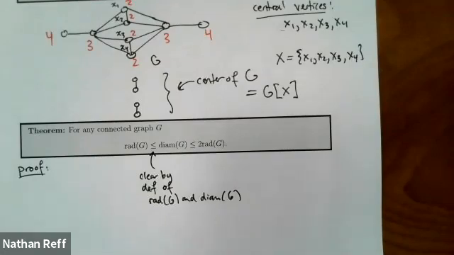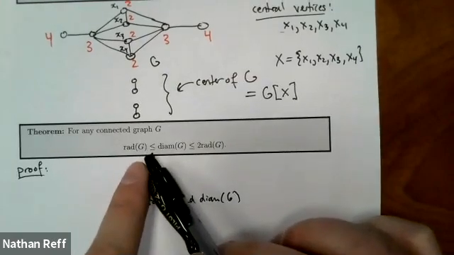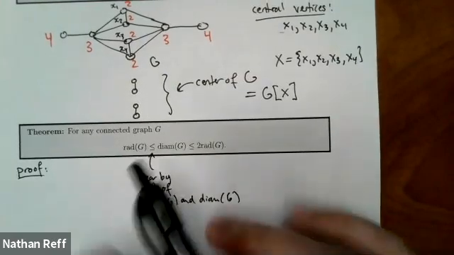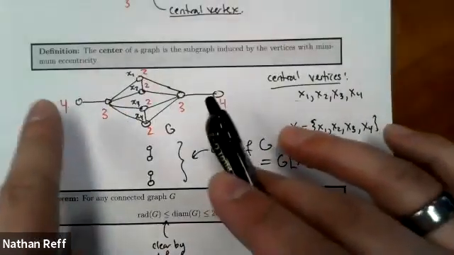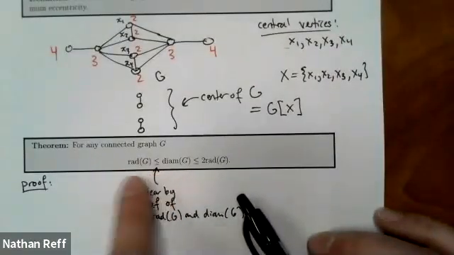More generally, a clique or a complete graph. In a complete graph, everything is adjacent, so the distance between any 2 vertices is 1, and the eccentricity and radius would be equal. So the more connections you have, the closer these two should be, and the more sparse the graph is, the more spread out things will be, and the bigger this gap will be.